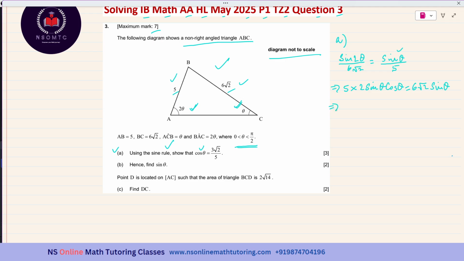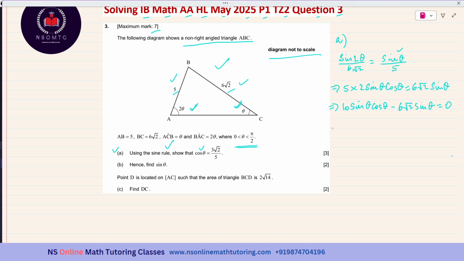So I am writing this as 10 sine theta cos theta, and subtracting 6 root 2 sine theta from both sides, so minus 6 root 2 sine theta equals 0.